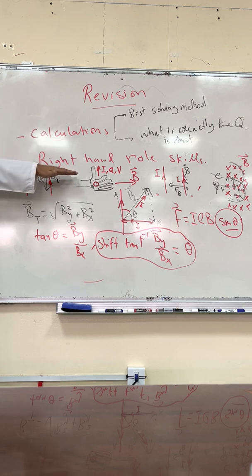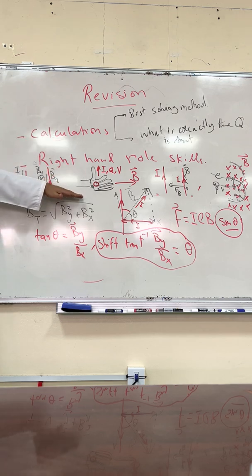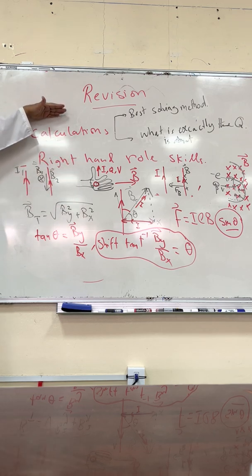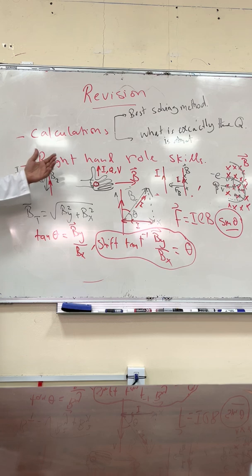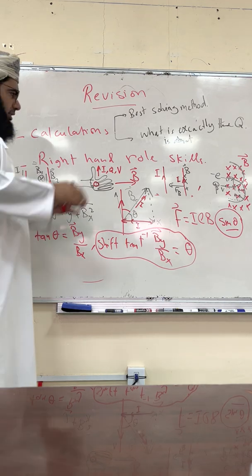So understand the skill and the story behind the question, and then you can solve the questions easily. Okay? You do this practice whenever you have a question in your practice, I mean, textbook questions, or maybe any kind of question related to our topics. Okay? So this is in general.